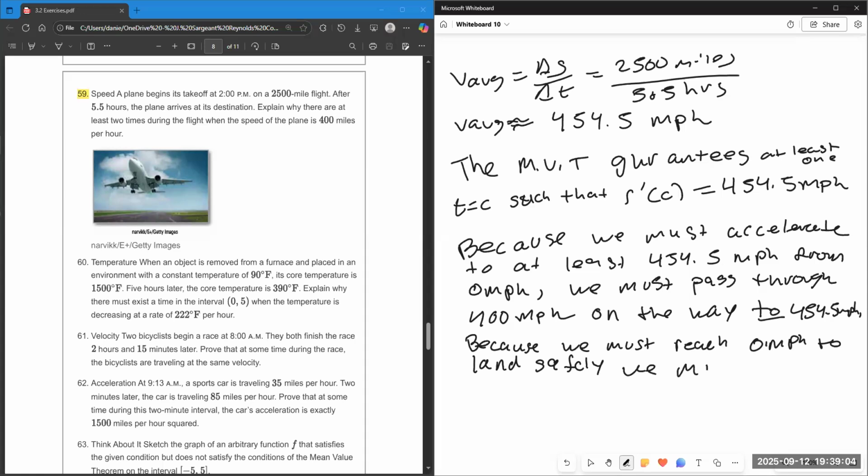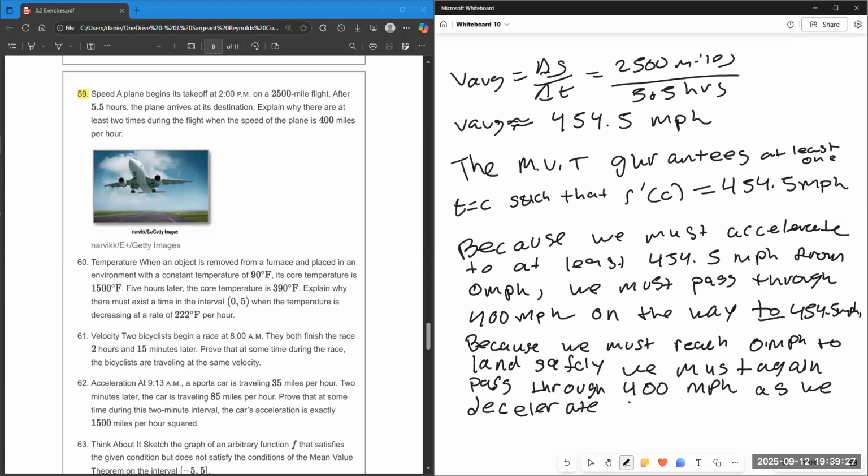we must again pass through 400 miles per hour as we decelerate from 454.5 miles per hour as we are landing. So there's two times.